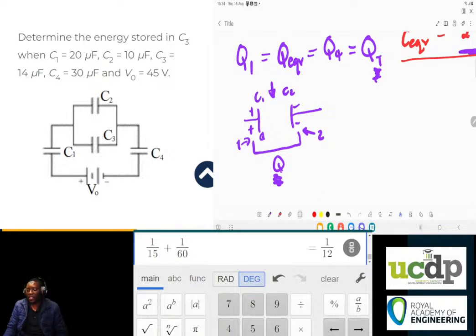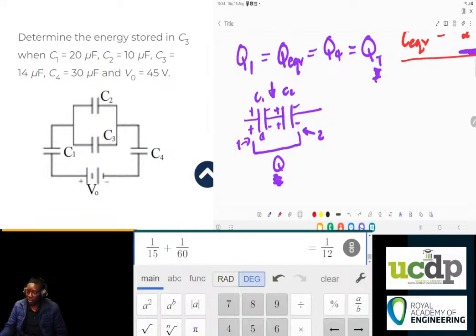It means the charge that accumulates on that side of the plate and this side of the plate is still Q. So this side, the inner parts of the plates, are just isolated and connected together, and at the end of the day, they don't change the total charge within the system.